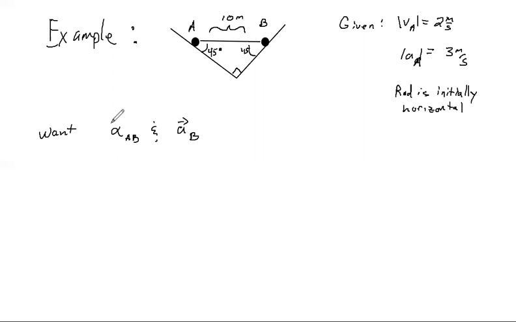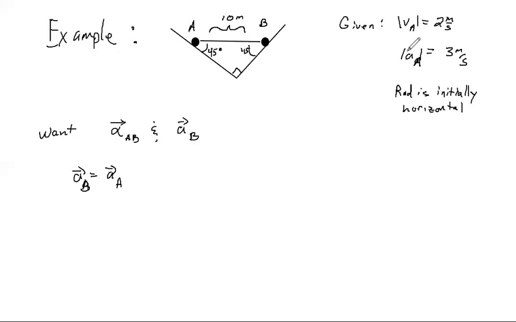Okay, so to do this, let's go back to something we know is true. To find the acceleration of B, we want to anchor that and leverage our knowledge of point A. So we're going to use a relative motion analysis. We're going to find the motion of B relative to A. So we'll say that the absolute acceleration of B is the absolute acceleration of A, as a vector statement.